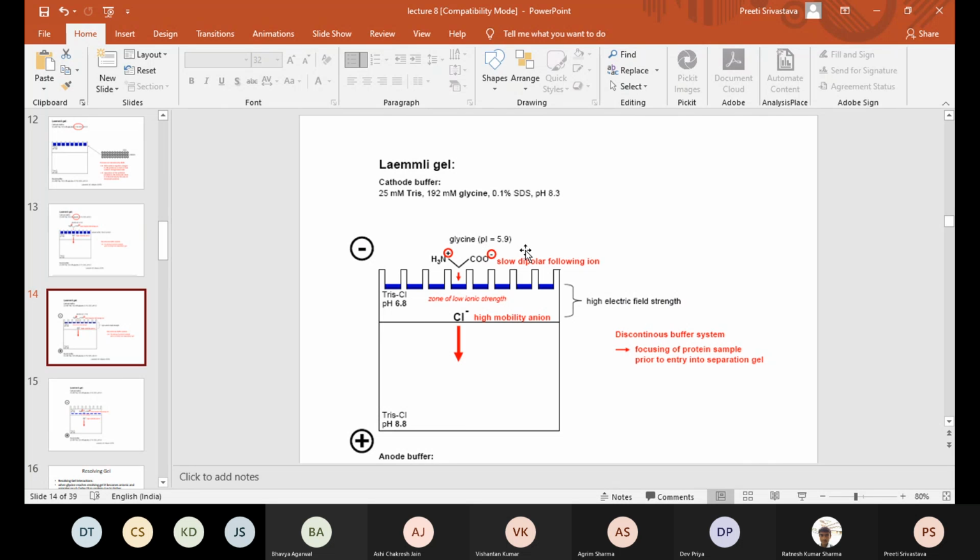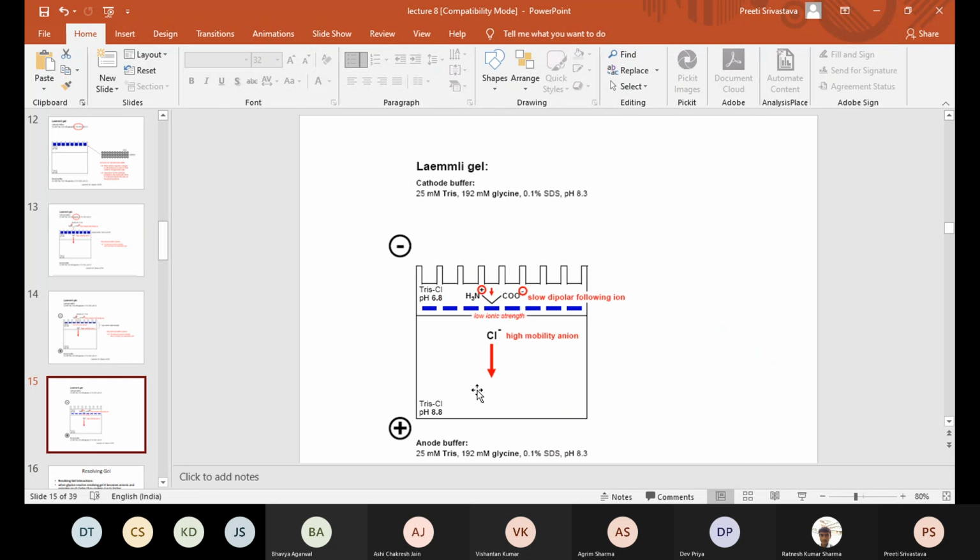Glycinate ions have a pI of 5.9. So 5.9 is pretty close to 6.8. As a result, the glycinate ions become partly Zwitter ionic, and because of this their mobility gets slowed down.